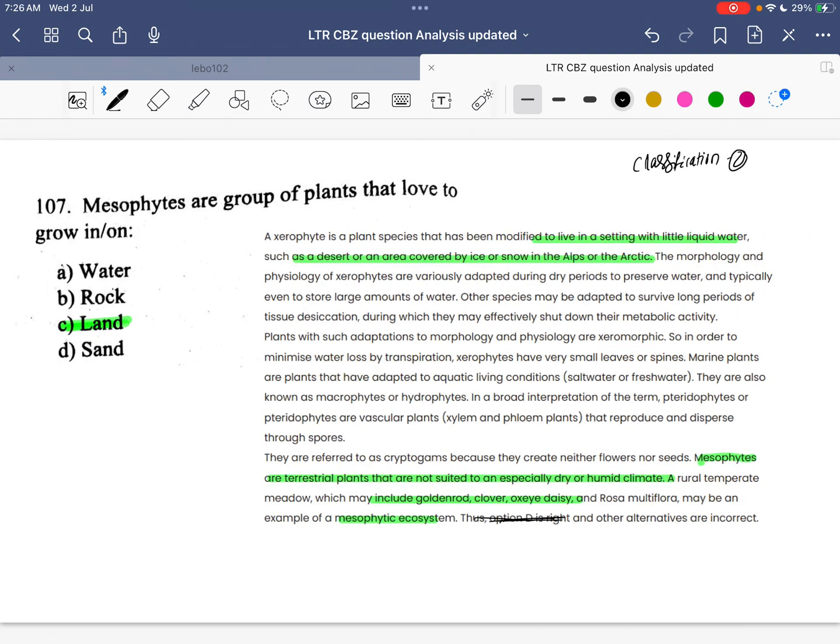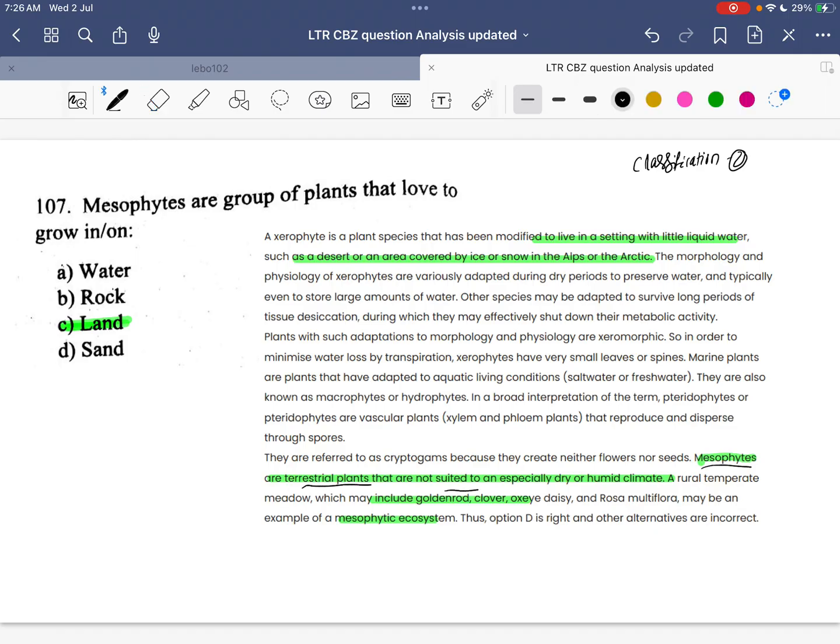Then comes question 107. Mesophytes are a group of plants that love to grow on land. We discussed this last time, because the same question came in the last test.